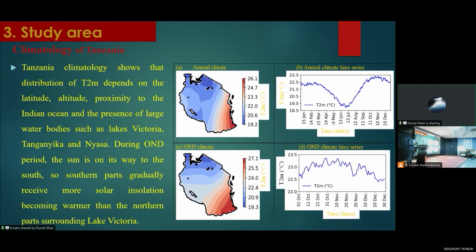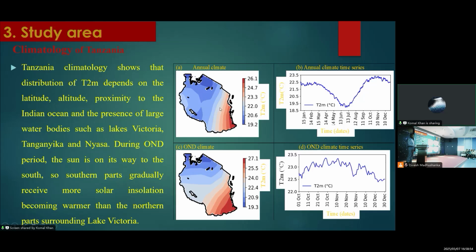Study area, and here we are discussing the climatology of Tanzania. You can see this is the annual temperature for Tanzania. The annual climatological temperature shows that the areas around the Indian Ocean are somewhat warmer than other regions.